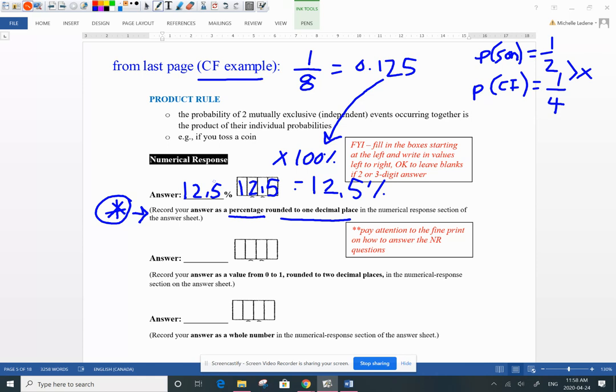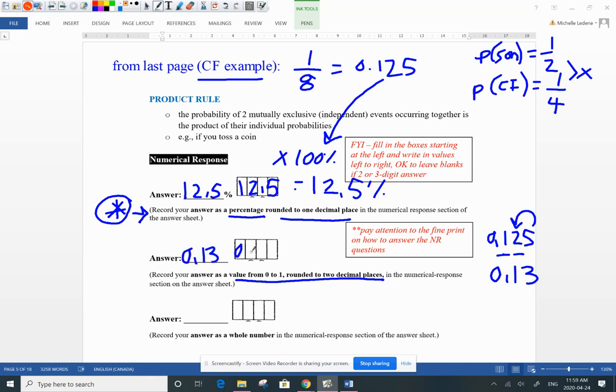Now what if I had to record that answer as a value from 0 to 1 rounded to 2 decimal places? Well, I had 0.125, and I only have room for 2 spaces in my answer. This is just rounding, right? You guys have done rounding forever. The 5 makes the 2 round up, so it's going to be 0.13.